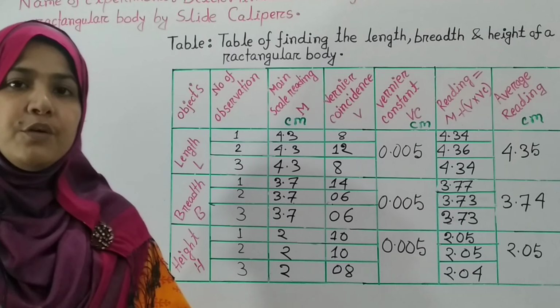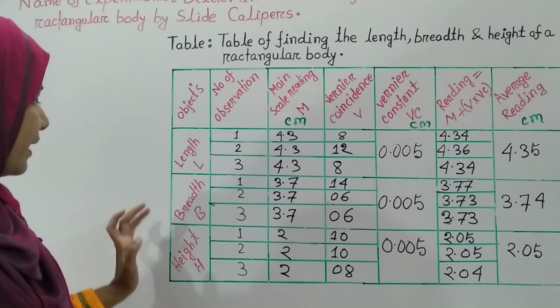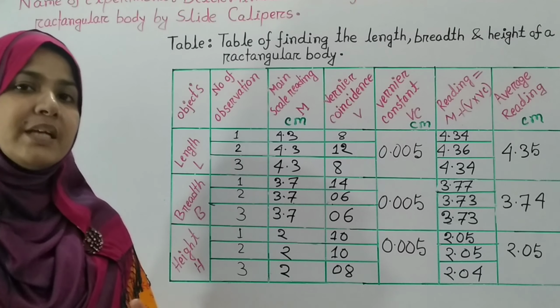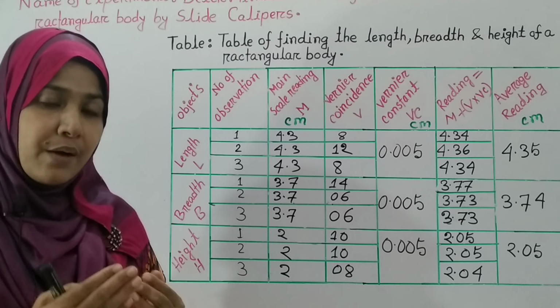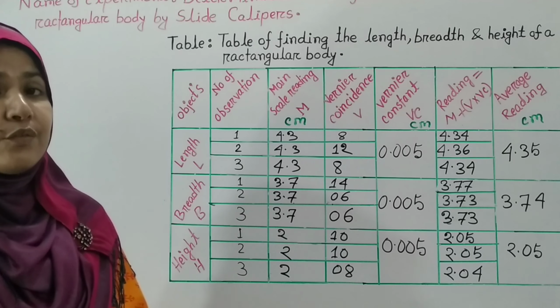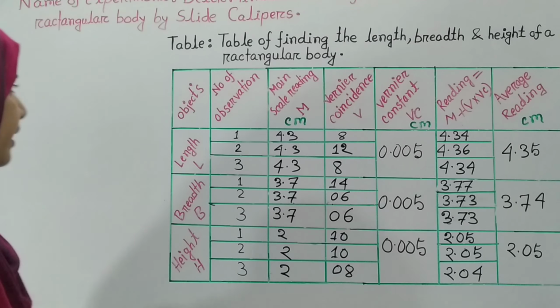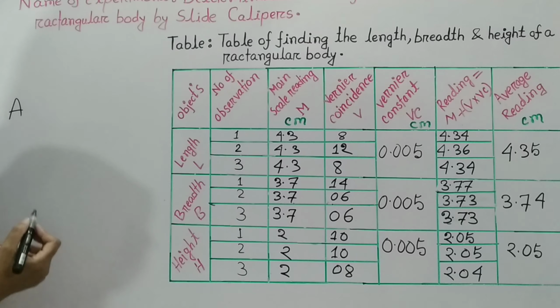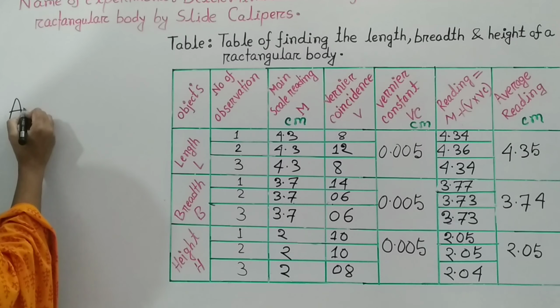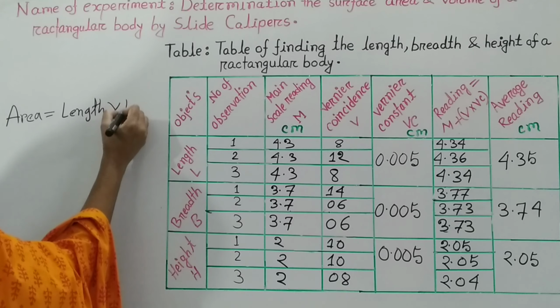So now we know the values of length, breadth and height of that rectangular shaped object, and today's experiment is to measure the area and volume of that object. Firstly we are going to measure the area, and you know that the formula for area is length into breadth.